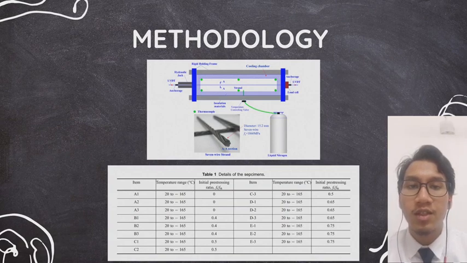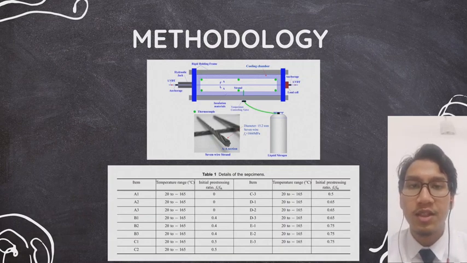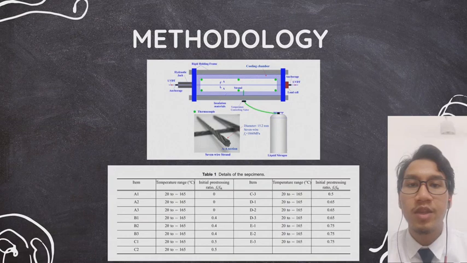After achieving the target temperature of -165 degrees Celsius, the injection of the liquid nitrogen was controlled to maintain this temperature level. Then, the steel strand was pre-stressed to the target pre-stressing level, and this level was maintained during the thermal expansion behavior test. After that, the temperature in the cooling chamber was gradually increased to the ambient temperature step by step.